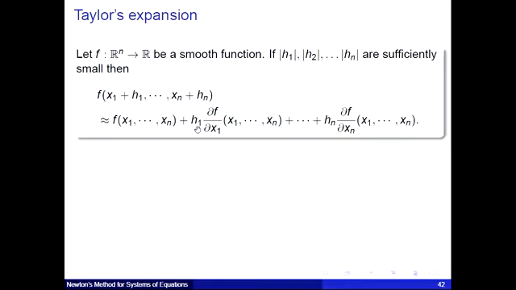If you haven't seen this, then maybe remember this is the formula here. If you have a function of n variables, then you can approximate the value at x1 plus some small h1, xn plus hn by this approximation, okay?